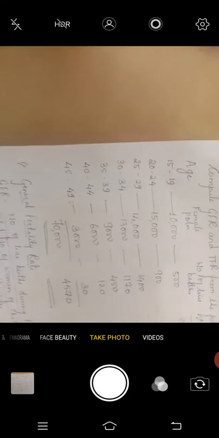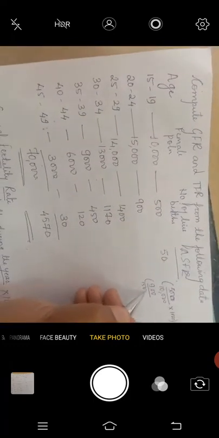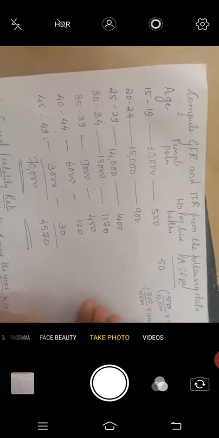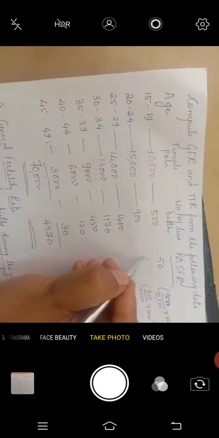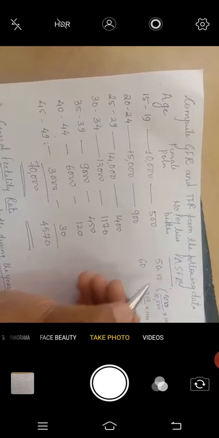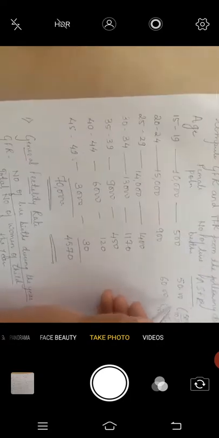Now one more I'll show. Second one, here live births is 900, female population is 15,000 into 1000. Answer is 60. You can write 0, 0, 0 if you want. Similarly, you have to do this.